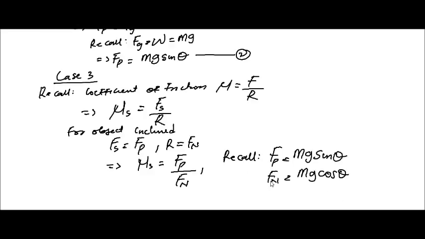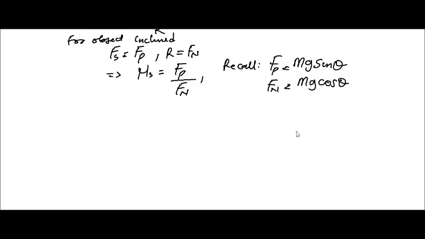If you plug Fp and Fn into this equation, coefficient of static friction will now be mg sine theta over mg cos theta.